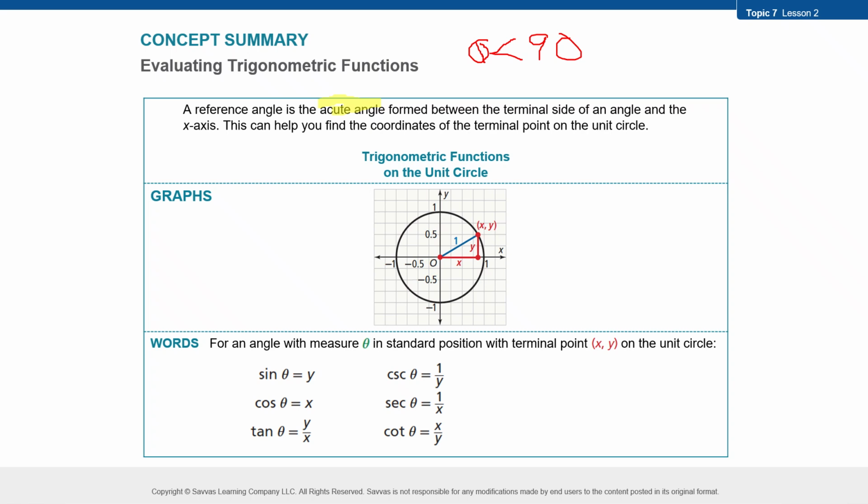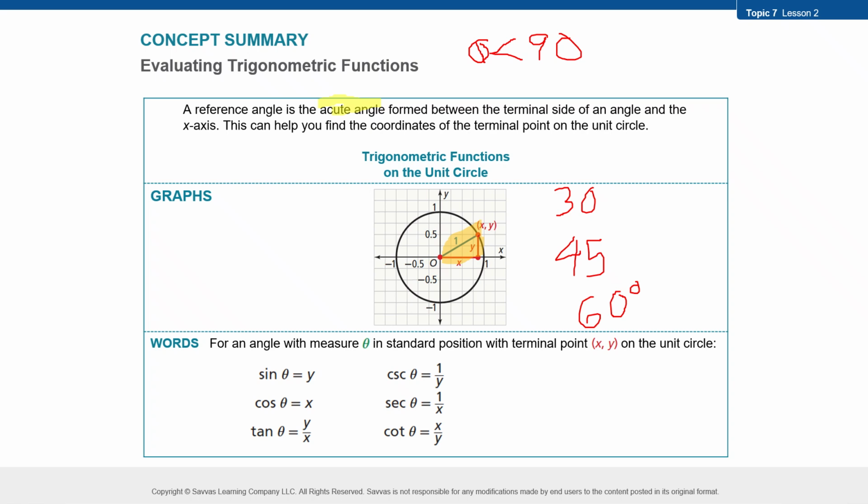It's formed between the terminal side and the x-axis, as you see here. Again, the important angles we refer to are 30, 45, and 60.